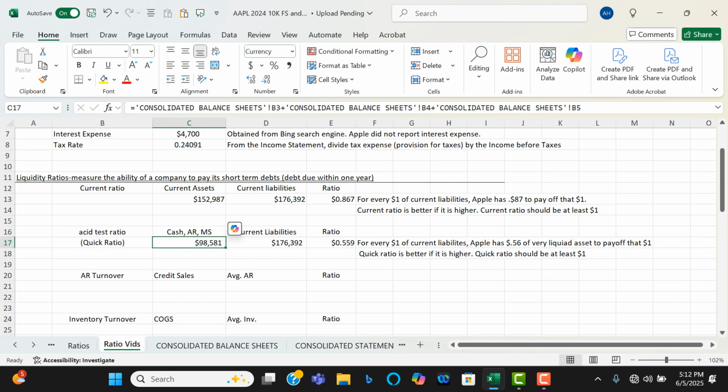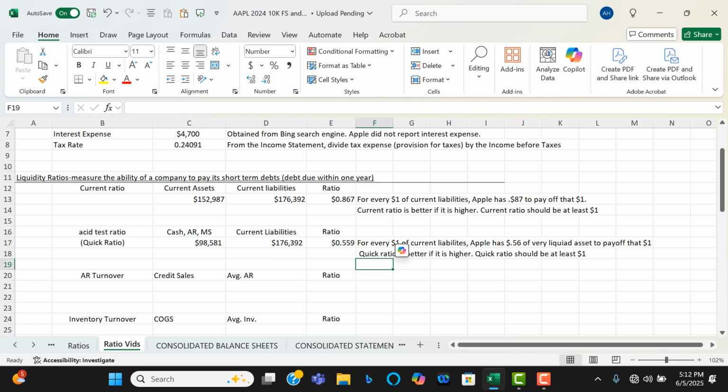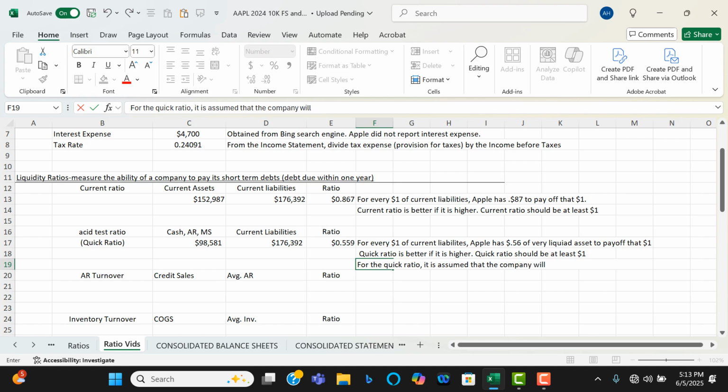we'll put here, just as a side note, that for the quick ratio, it is assumed that the company will not pay off current liabilities by selling inventory.